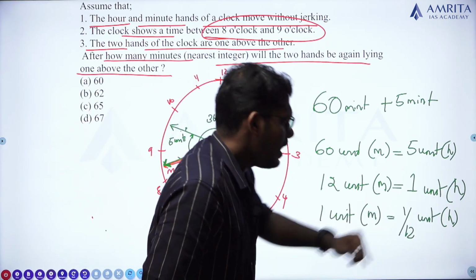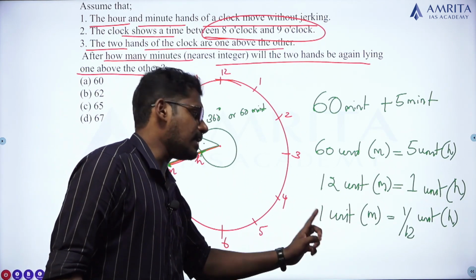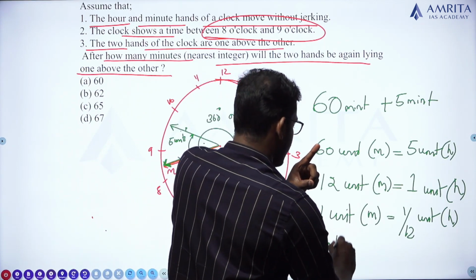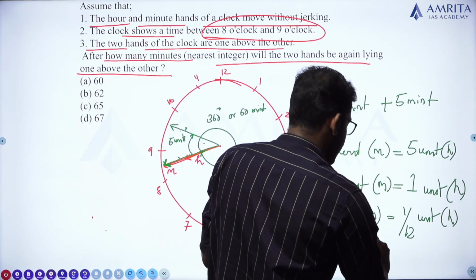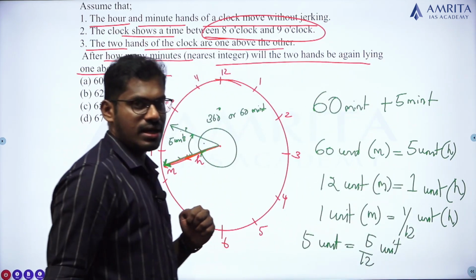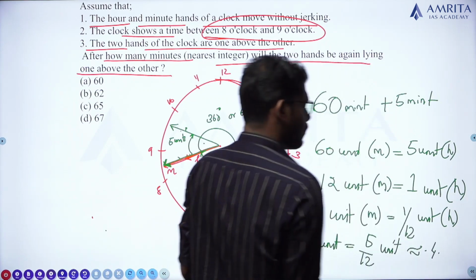Here the hour hand takes 1 by 12 unit time when the minute hand moves 1 unit. So if the minute hand moves 5 units, then the hour hand will take 5 by 12 unit. This 5 by 12 units will be approximately equal to 0.4.